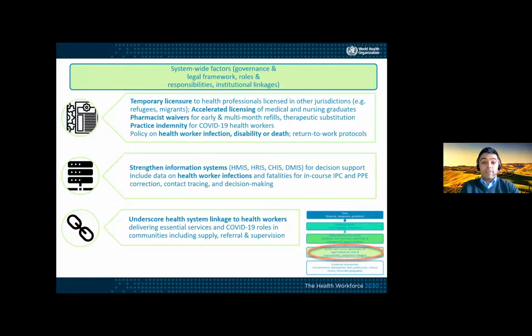And finally, and more broadly, just to underscore the importance of the linkage between the health system and health workers at all levels, including through the provision of appropriate supportive supervision, possibilities of referral, adequate and reliable provision of quality supplies, among other functions.